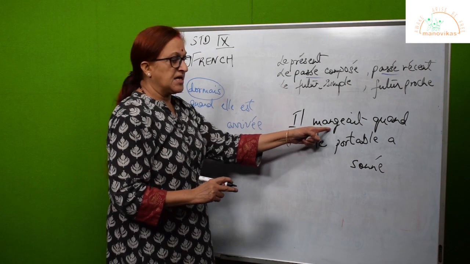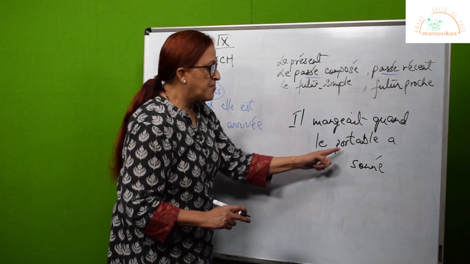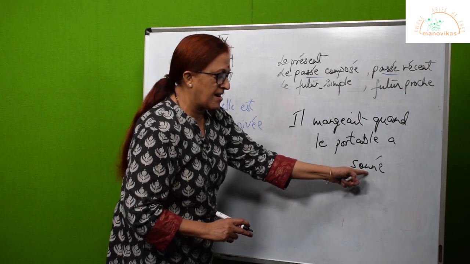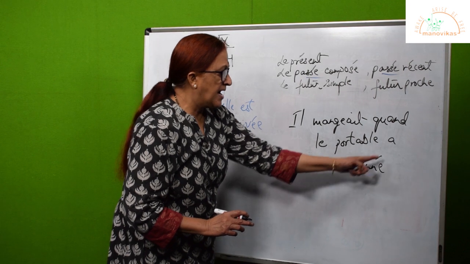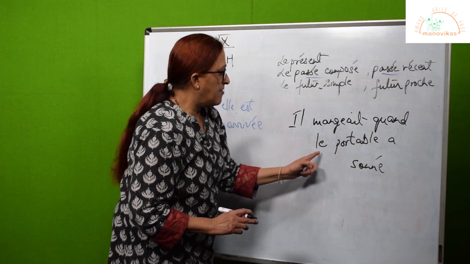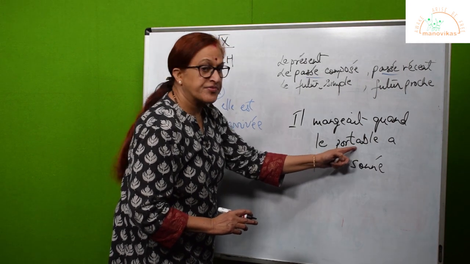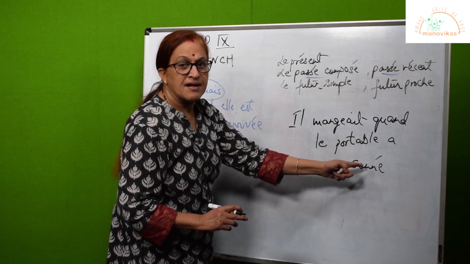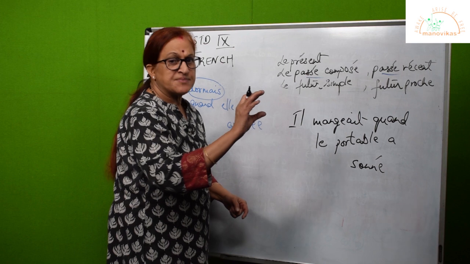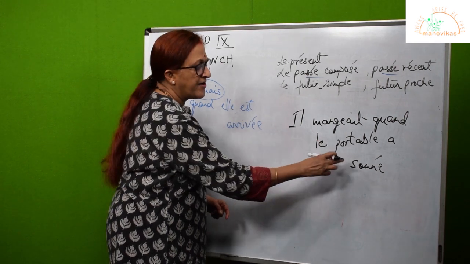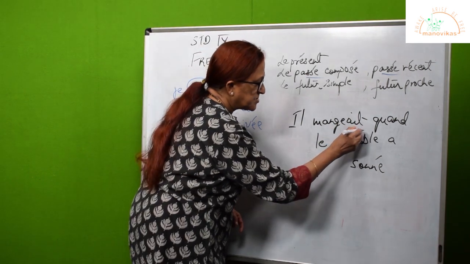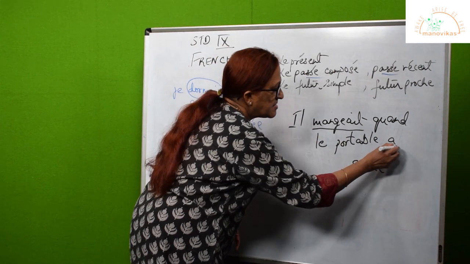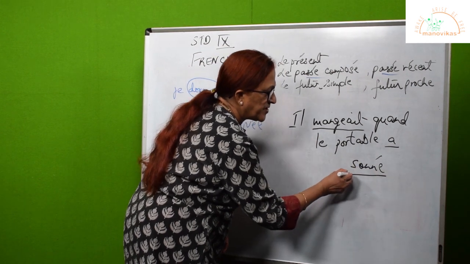He was eating when the mobile rang. Sonner is to ring. A sonné is rang. Portable is mobile. He was eating when the mobile rang. So, he was in the process of eating when the mobile rang. So, here I am using imperfect and here I have used passé composé.